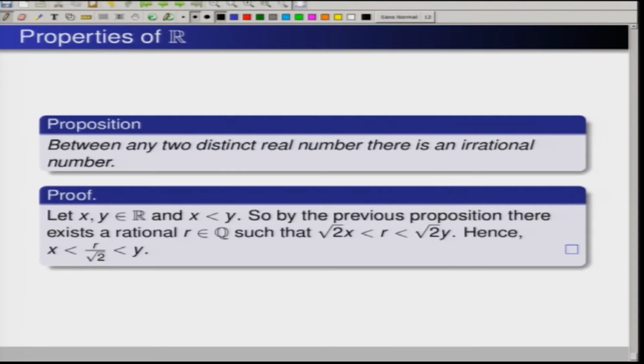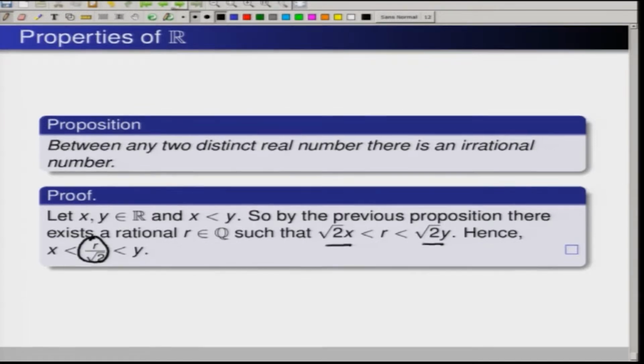Now there will be a rational r between root 2 x and root 2 y by the previous theorem. Therefore x is less than r by root 2 is less than y, and r by root 2 is an irrational number. So between any two real numbers there is an irrational number.